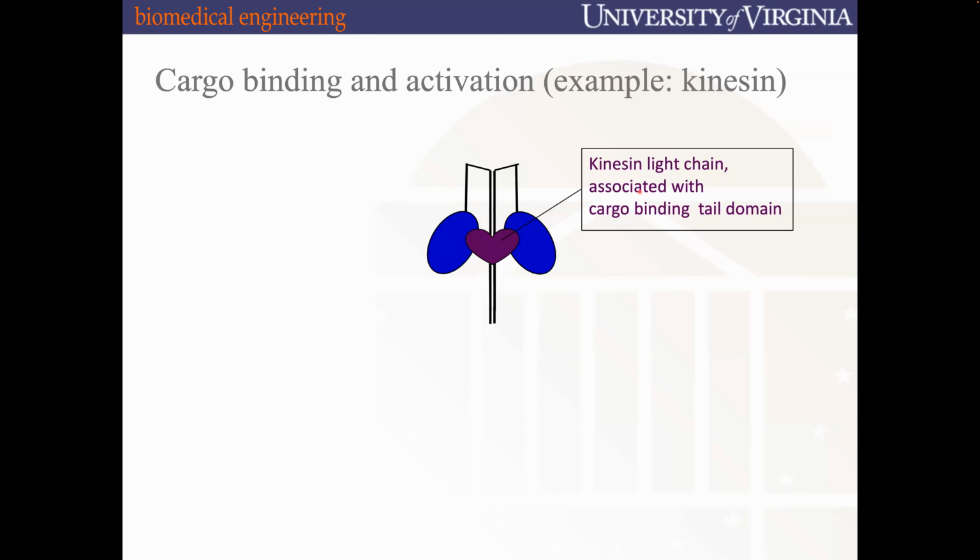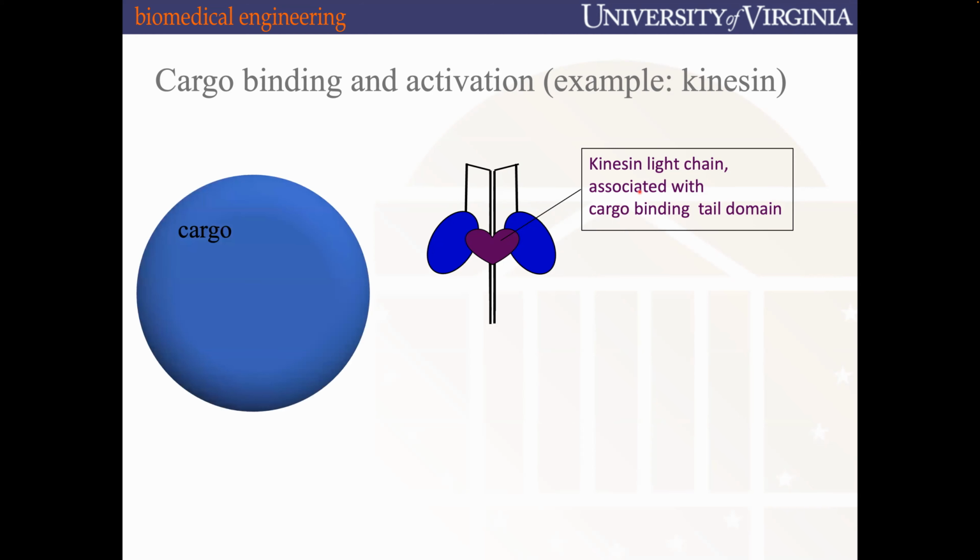So in terms of regulation, we'll talk about more types of regulation when we talk about actin-myosin, but for these cargo binding molecular motors, there's one main regulatory mechanism that determines whether or not they turn on or off. And this is actually the binding of the cargo. So when they're in their inactive state, they're kind of folded up like this, and that makes the microtubule binding part hidden and shielded on the inside of the protein.